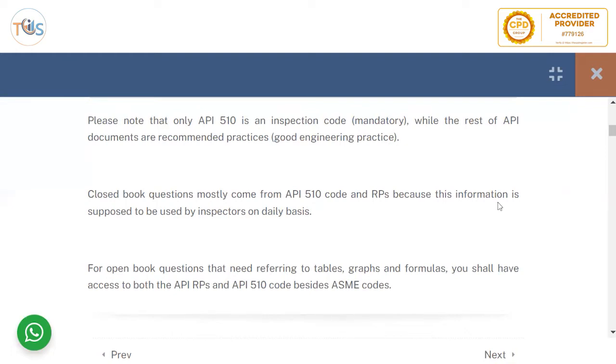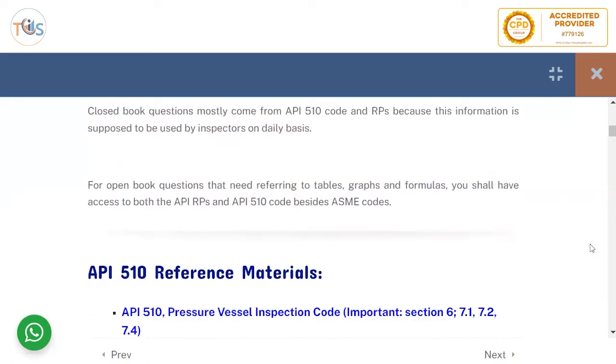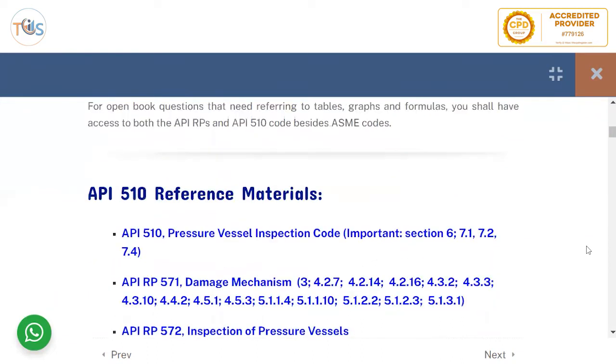So most of the closed book comes from 510 and recommended practices, because this information is supposed to be used by the inspector on a daily basis. For open book questions that refer to tables and graphs, you shall have access to both of these codes, ASME codes and API code 510, and also the recommended practices.